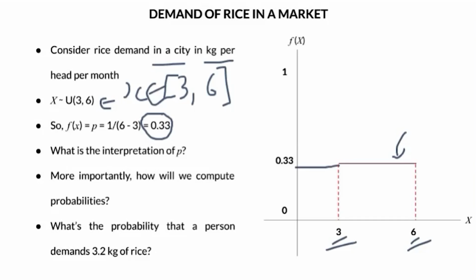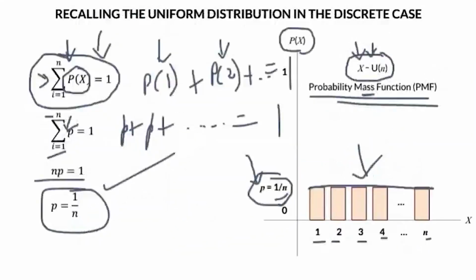This much is clear. Now the question is, what is the interpretation of P in this case? In the discrete case, there was some interpretation. When you said P equal to 1 by n, it essentially means the probability of event 1 is equal to P, the probability of event 2 is equal to P, the probability of event 3 is equal to P, whatever the value of P is.